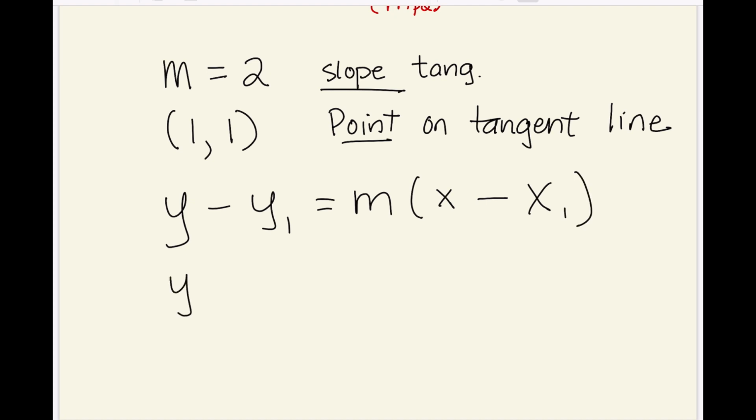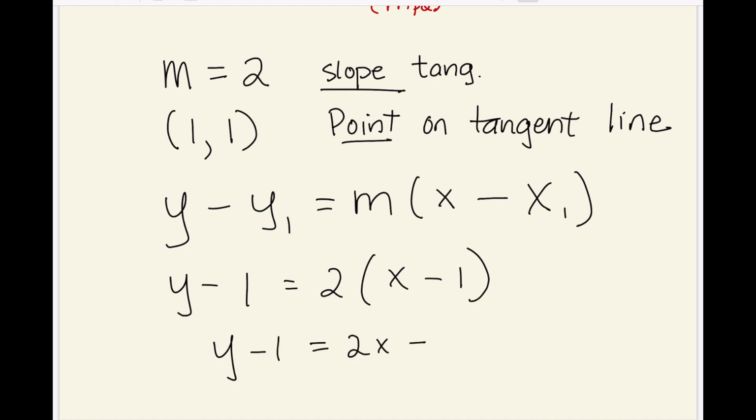So this would be y minus 1 is equal to 2 times (x minus 1). Okay, so this is the equation of the tangent line.